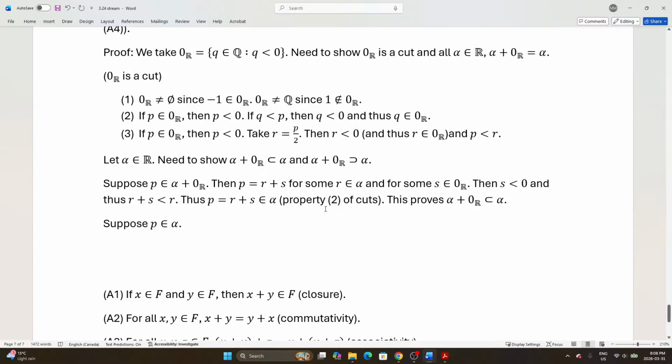To do so, we can use the third property of cuts.